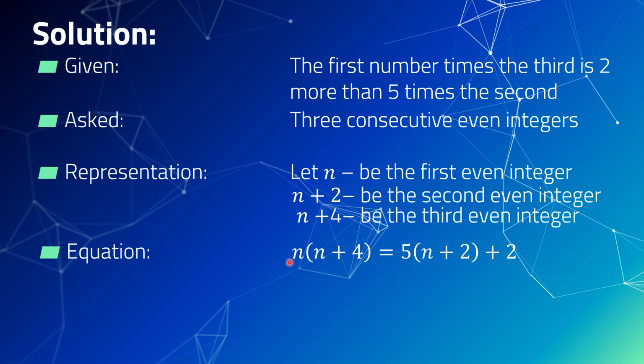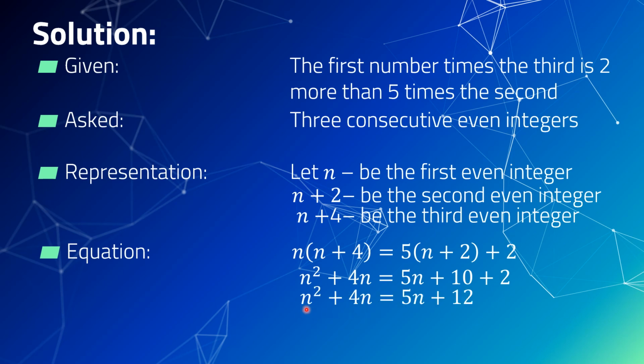We'll repeat. The first number times the third is equal to 2 more than 5 times the second even integer. And simplifying this by distribution, this one is n squared plus 4n. Then 5n plus 10 plus 2. This is just copied.